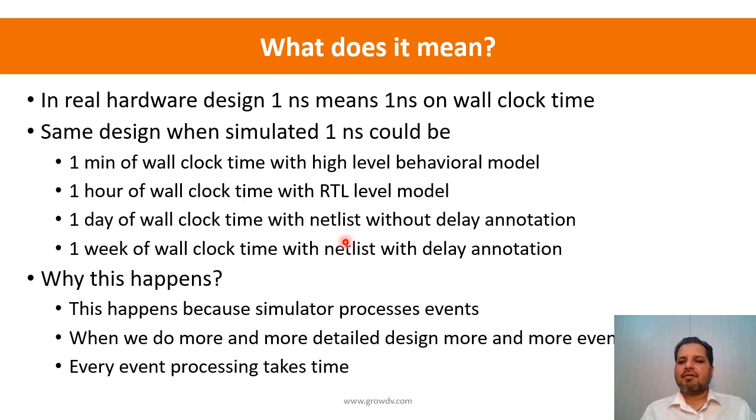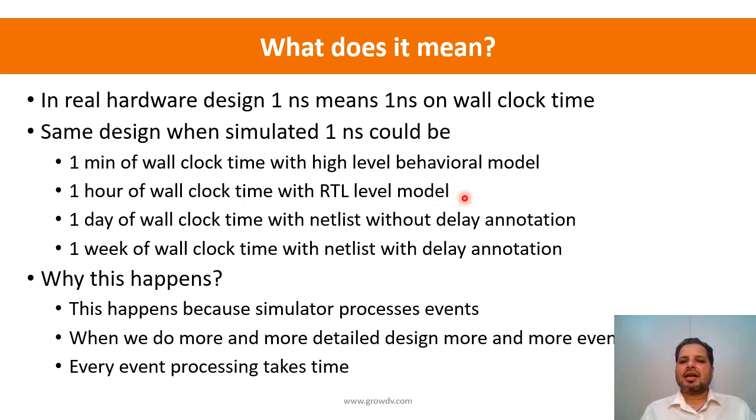depending on the level of abstraction that I am modeling, it can take a different amount of simulation time. If I am doing a high level behavioral model, then it might just take 1 minute of wall clock time. For example, for a multiplier, I might just be saying C equals A star B. That's a very high level model, and that might just take 1 minute to execute 1 nanosecond of the simulation.